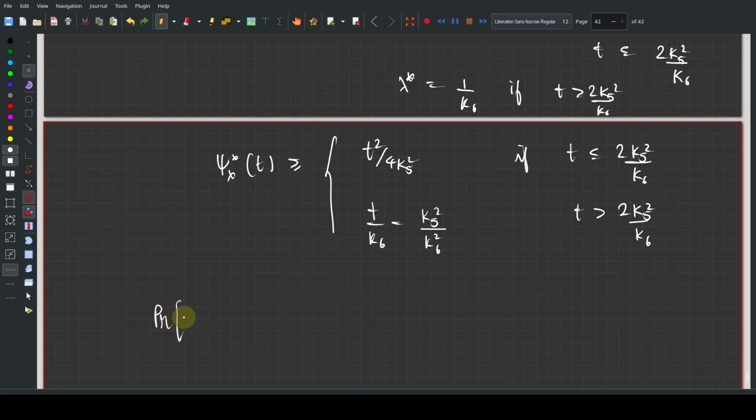Now this of course only gives you the right tail, right? But then it turns out that the left tail will be essentially symmetric.